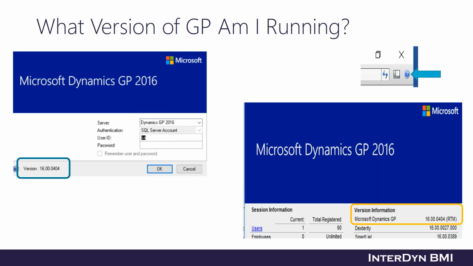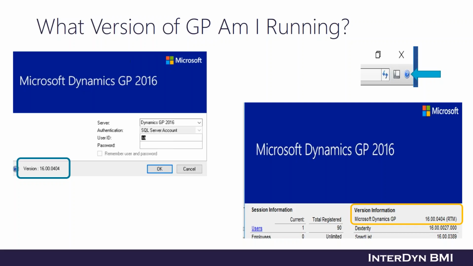The other way is if you've already logged into Dynamics GP, go up under the help, which is the little blue question mark in the upper right-hand corner, generally right below the X to close the software window. If you click on the question mark, you'll get the screen that opens right below it, the information screen.